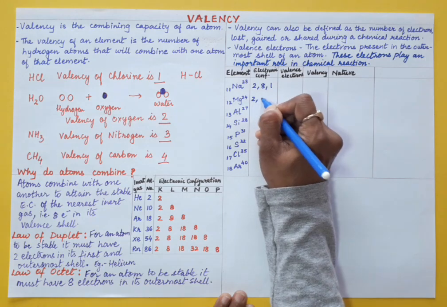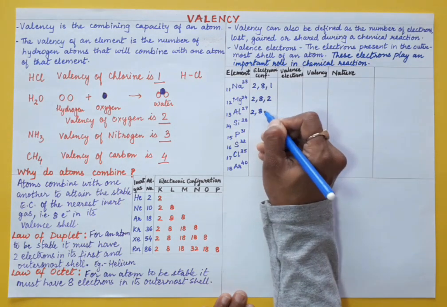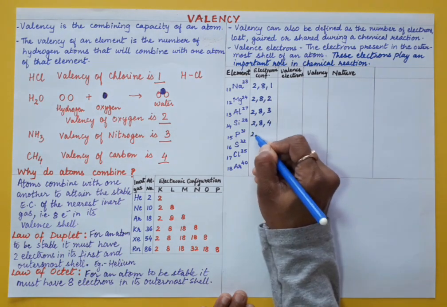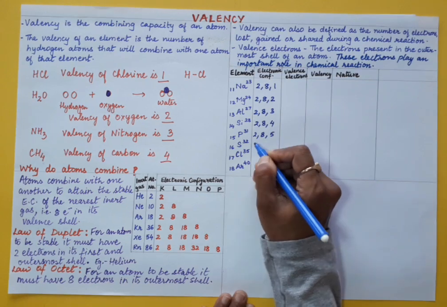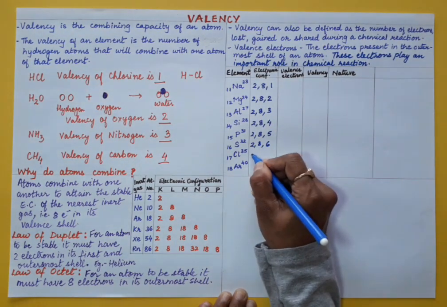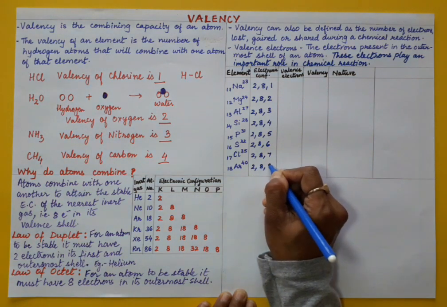So here let us write the electronic configuration of all the elements. 12 is 2, 8, 2; 13 is 2, 8, 3; 14 is 2, 8, 4; 15 is 2, 8, 5, that is phosphorus; sulfur is 2, 8, 6 and chlorine is 2, 8, 7 and argon is 2, 8, 8.